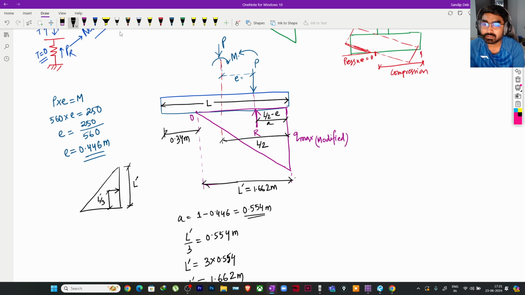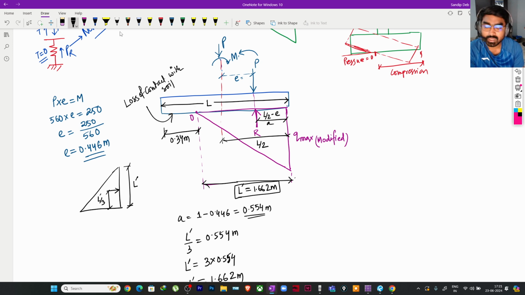There is no contact area, or you can say this is my loss of contact with soil. So there is no contact with soil in this particular width, correct? So we find out the effective width which is under compression, or under pressure.